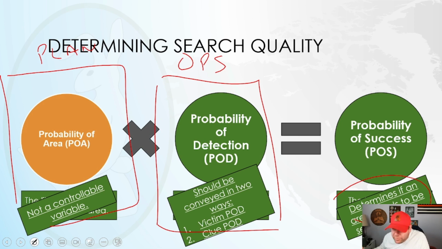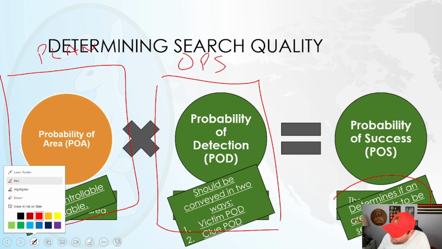Do we need to search this area again, all right? So these numbers mean something to us in the command post. Don't overestimate them. Obviously I've seen people give a high number because they don't want to make it feel like they didn't contribute or they didn't do their job well. That's not helpful to me. I need to know the real number so that way I can figure out what to do next. Okay. All right.